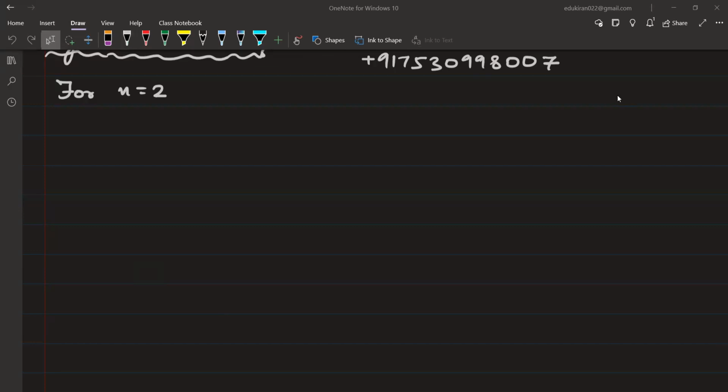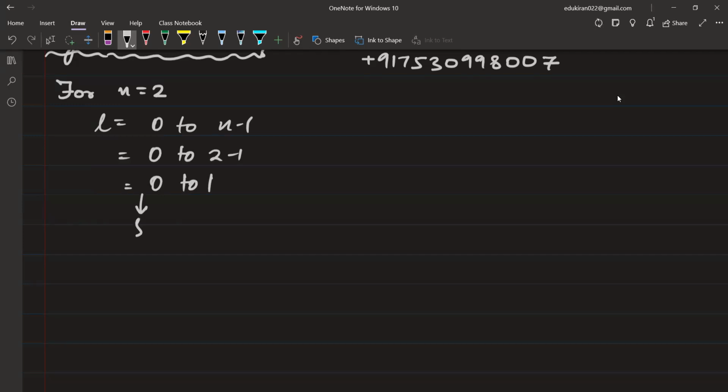I want to see. So I can write l is equal to 0 to n minus 1, 0 to 2 minus 1. It is equal to 0 to 1. And that is why 0 will be for the S subshell, 1 will be for the P subshell. In the second shell, S and P subshells are possible.